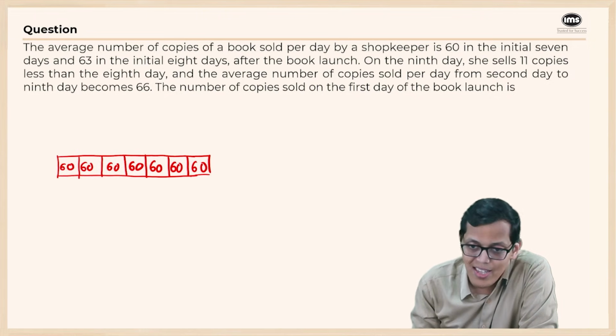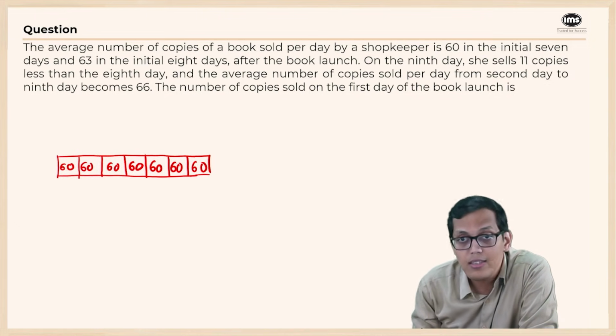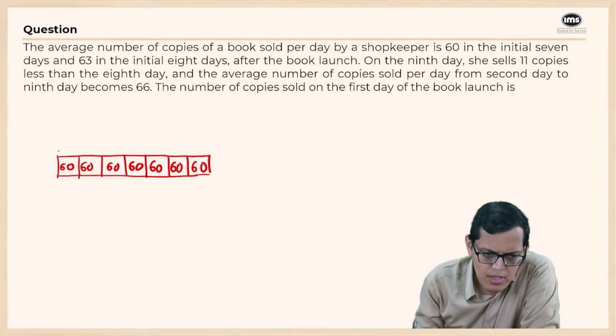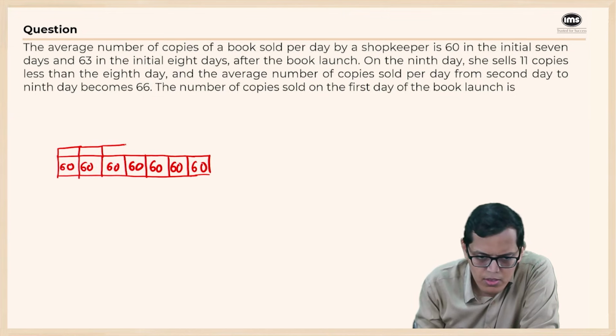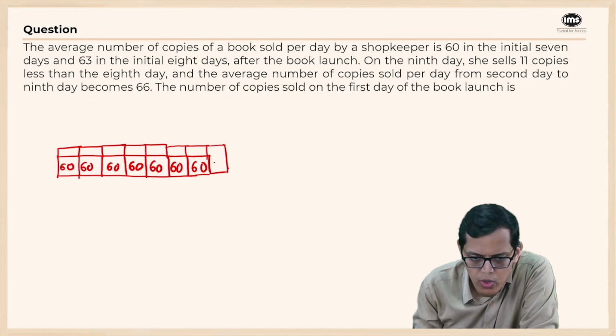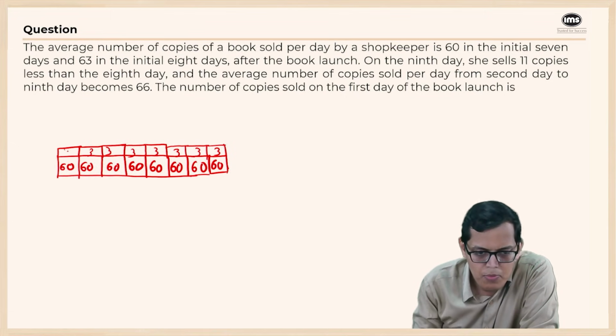Now, the second statement says that when you include the 8th day, the average increases to 63. That means it's kind of adding 3 more books on the top of every day out of the first 7 days. And obviously on the 8th day, you have your 60 plus 3, 3, 3. That means the 8th day brought everything extra.